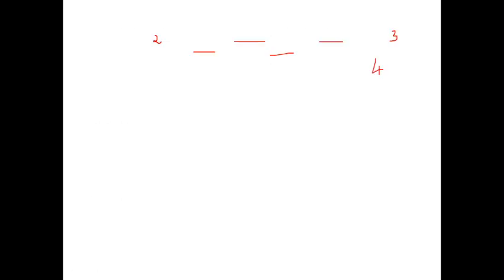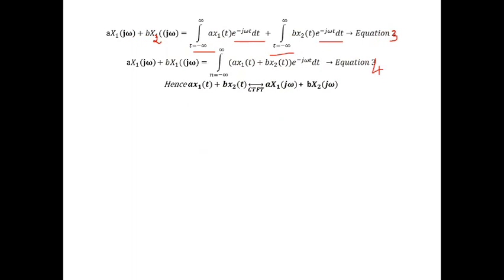So when you compare this with this equation, we can very well infer that the left hand side represents the continuous time Fourier transform of the signal a x1 of t plus b x2 of t.